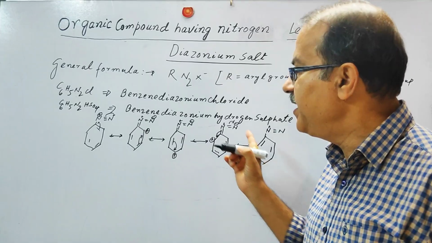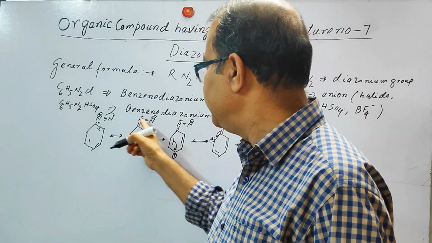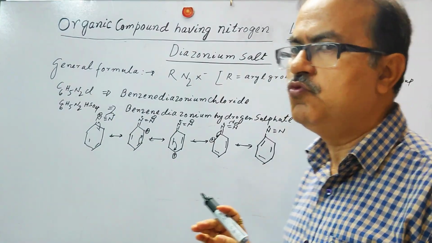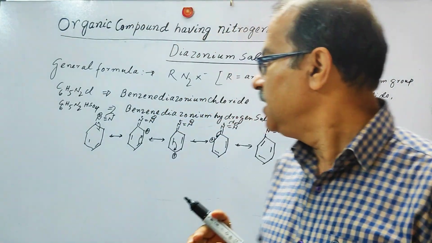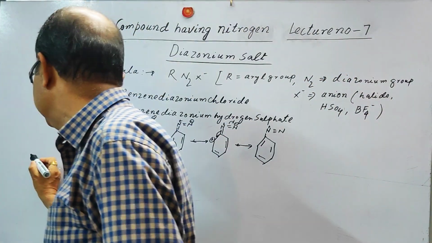So we find that this positive charge has been delocalized through the ring, and that is why it is much more stable. Now we are going to discuss the preparation of diazonium chloride.